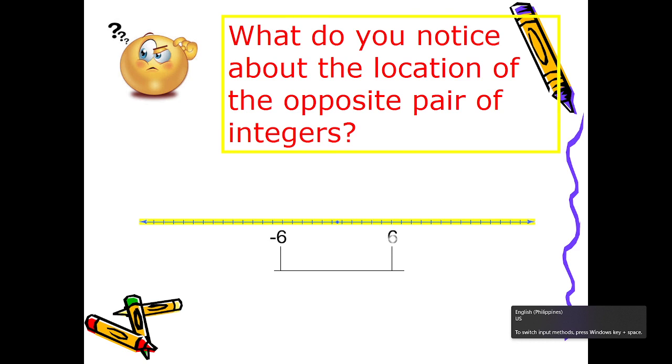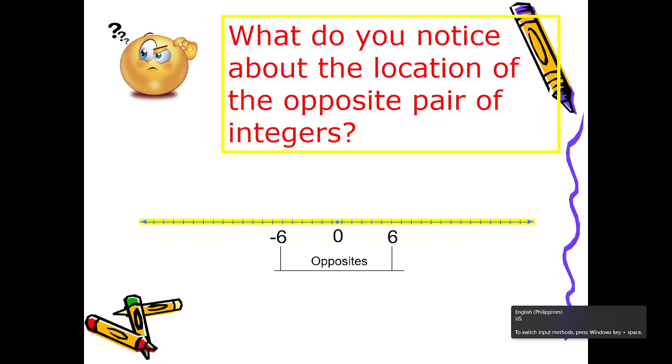Now, what do we observe with a pair of opposite numbers? Firstly, these two numbers are of the same distance from 0. Now, this distance, which is always positive, is also called the absolute value.